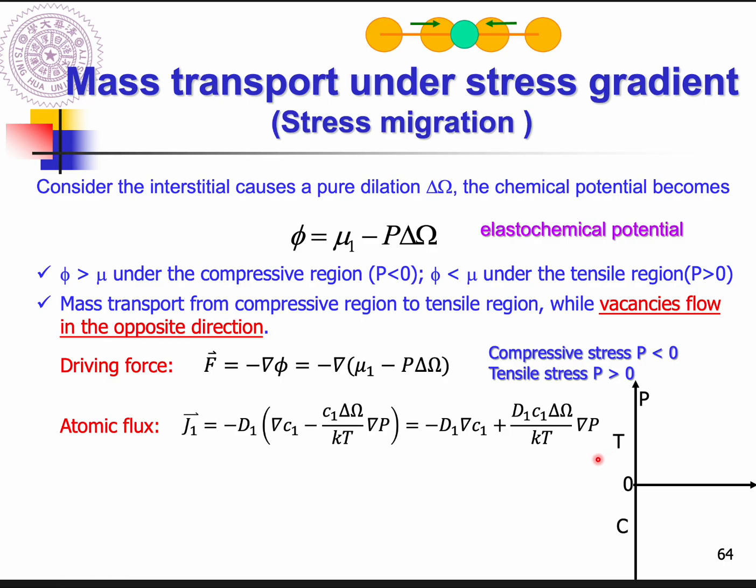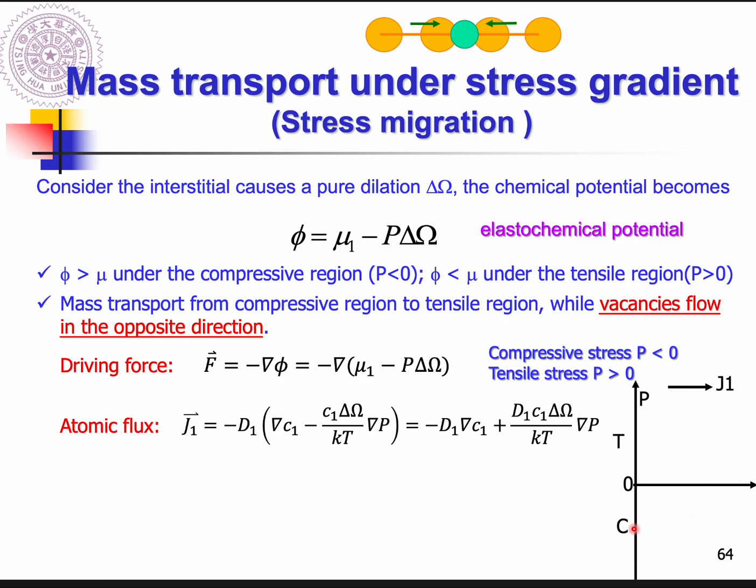Now we assume the atomic flux of the atoms moves directly to the right-hand side. I hope you can draw the stress field inside these materials which can cause the atomic flux to move to the right-hand side. Probably you will write that the stress gradient will be positive, right?